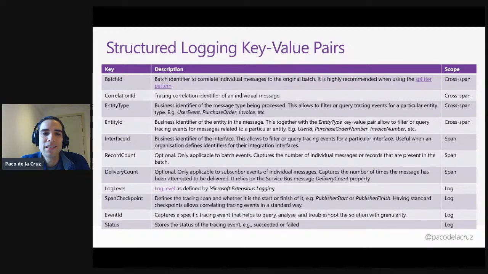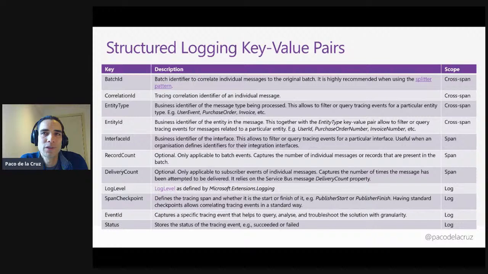The correlation ID is the identifier we're gonna be giving to every individual message, right? And this correlation ID will be kept for these individual messages across all the spans. In this case, the publisher span and the subscriber span. Then entity type is the message type that we are processing.